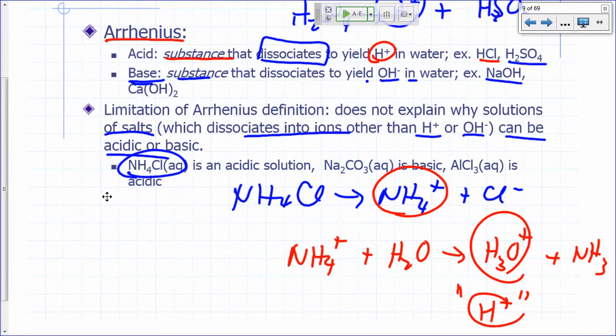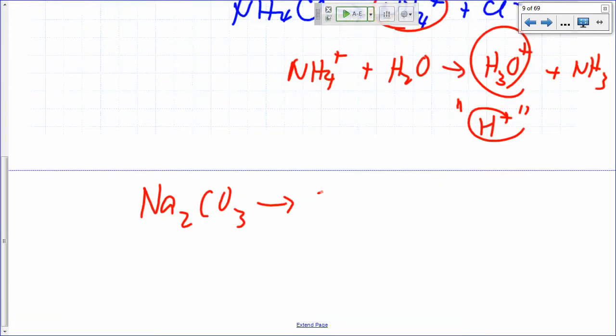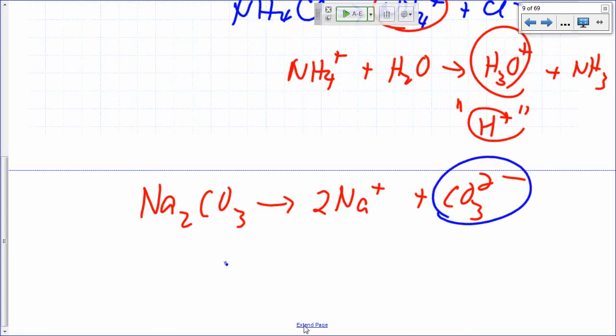Sodium carbonate is the same thing. It's basic in solution, but you don't see any hydroxide there. Sodium carbonate gives you 2 sodium ions and a carbonate ion. There's no hydroxide there, but if you measure the concentrations of H+ and hydroxide, you'll find that the hydroxide concentration is such that it's basic. So how does this produce hydroxide? It has to do with the carbonate ion.